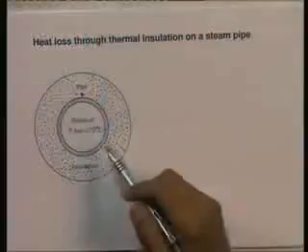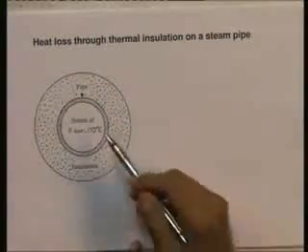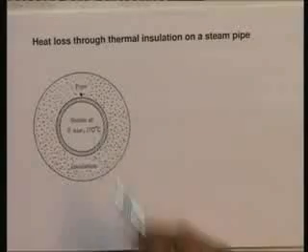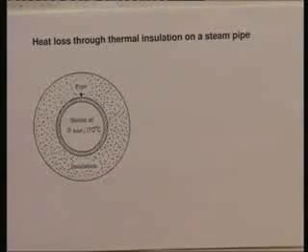Now, we have gone to a lot of trouble to generate that steam in a steam generator. We will have burnt oil or something like that, given heat to water and raised that steam at the pressure required. So, here in this example, as you can see, we are talking of steam at 5 bar and 170 centigrade, superheated steam at this condition, and we are passing it through a pipe.